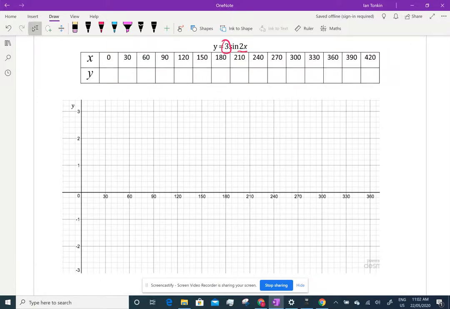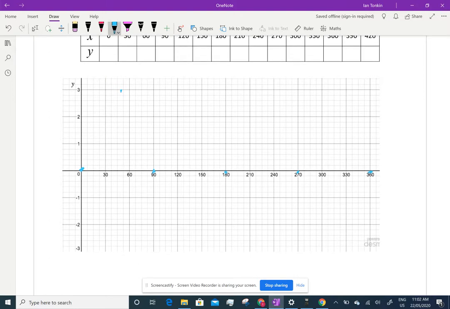So now we're still going to have, well, we squashed it, 0, 90, 180, 270, 360. They're going to be my zeros. And I'm going to squash 2 whole sine curves in there. But it's going to go up to 3. All right? So it's going to go all the way up and all the way down to -3.